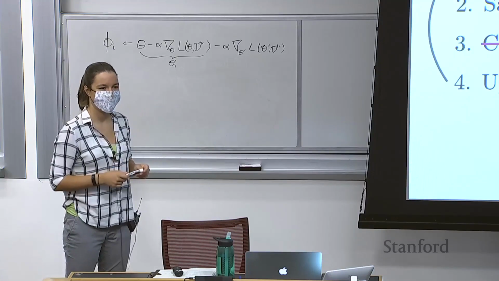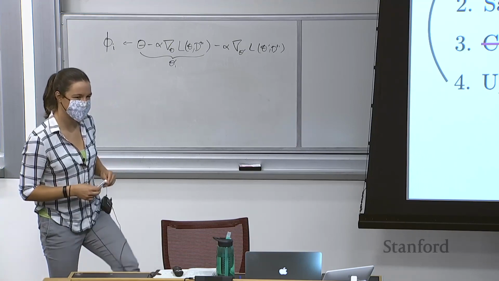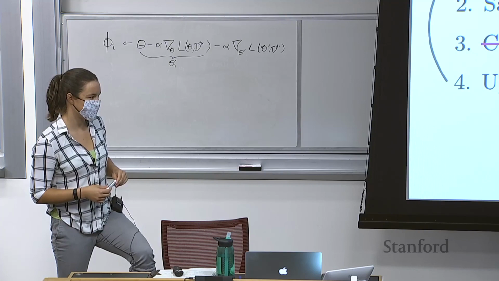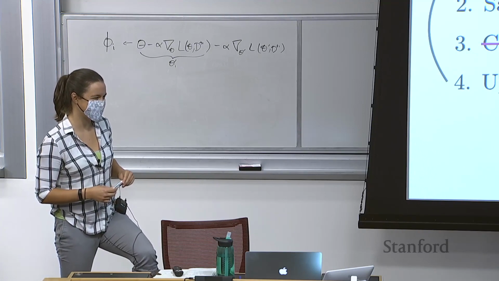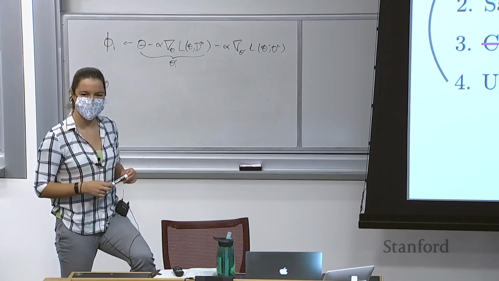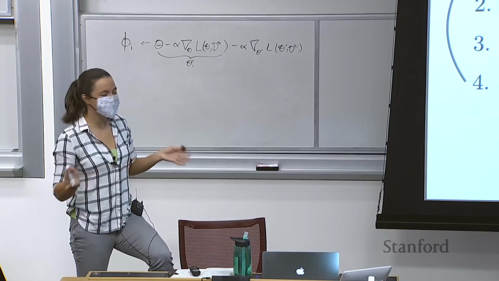Yeah? Can we use natural gradient? So the question is, can we use natural gradient instead of the Hessian? You might be close, but I'm not sure. You have a thought? You could just ignore the Hessian.